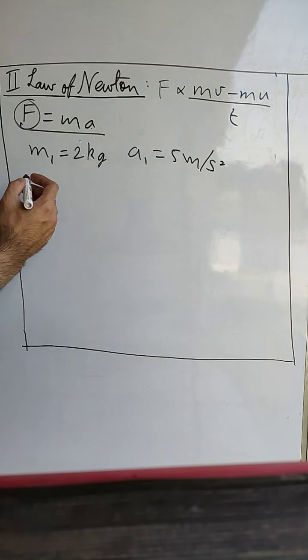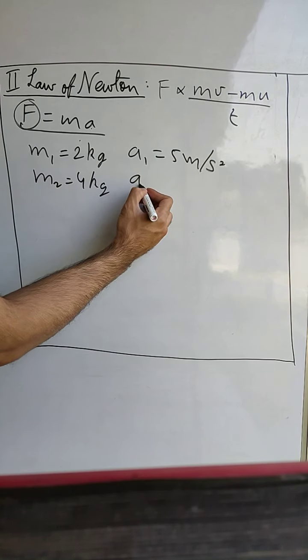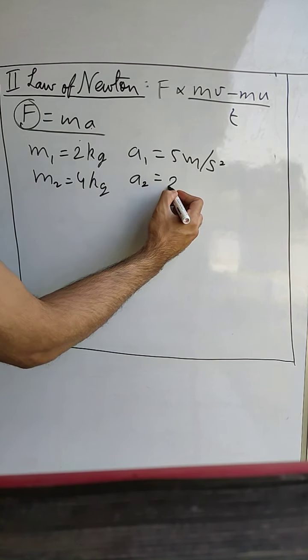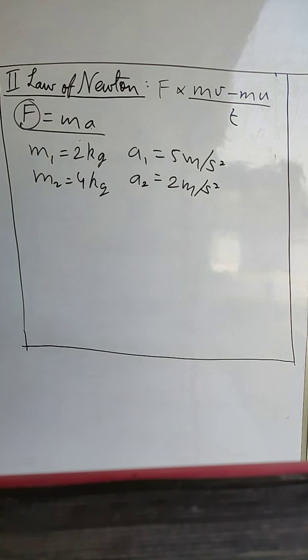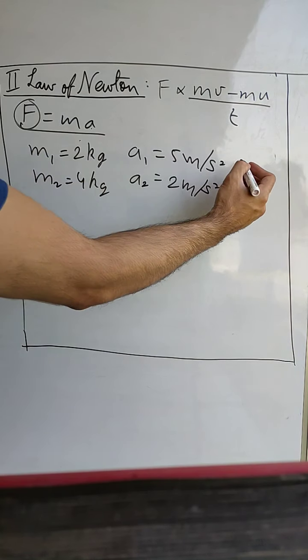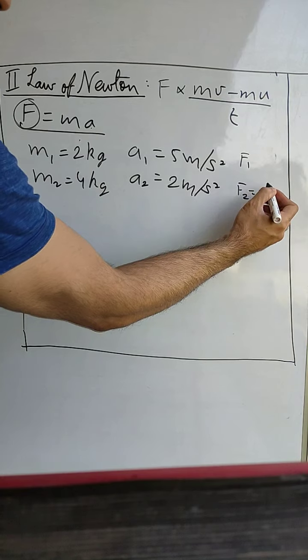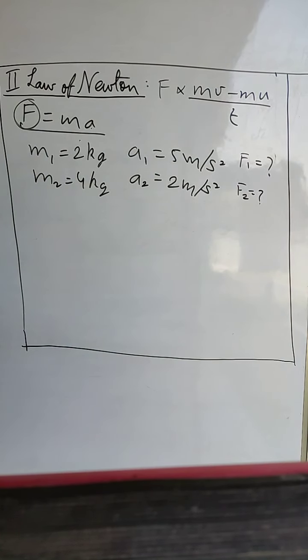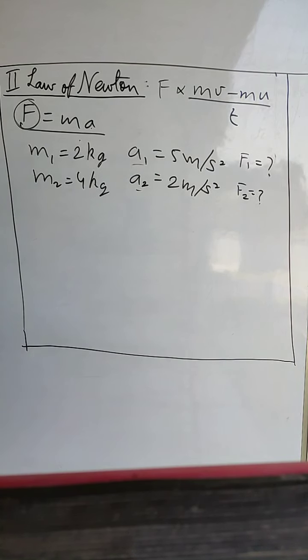Another body is there, m2, whose mass is 4 kg and the acceleration to which we need to speed it up is 2 meter per second square. So these are the two bodies given, m1 and m2, and the question asks which one force, F1 on body first or F2 on body 2, which one will be greater, so that these bodies acquire these respective accelerations.